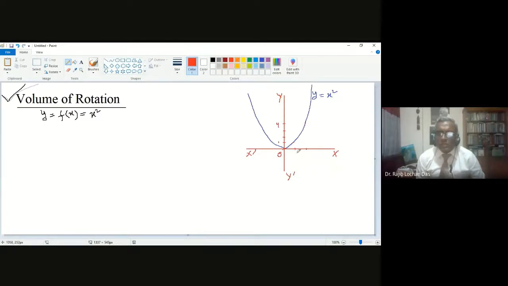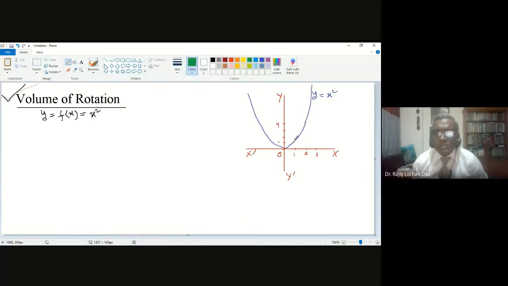So 1 and then 2 and then 3, something like that. If you put x equals 2, y is 2 square, that is 4. So this is the point I actually mean. Maybe it will be a little steeper, but anyway.